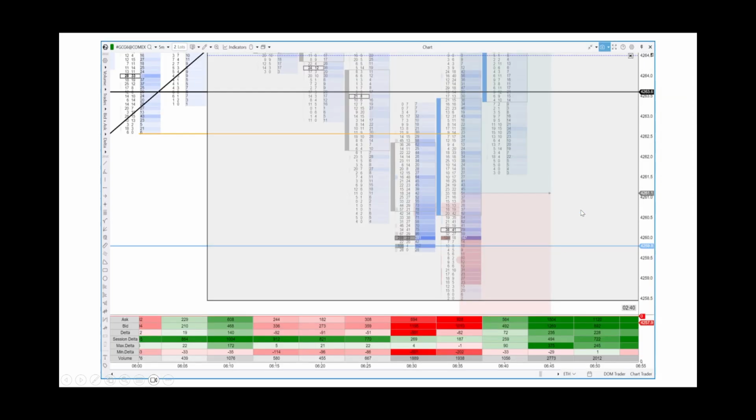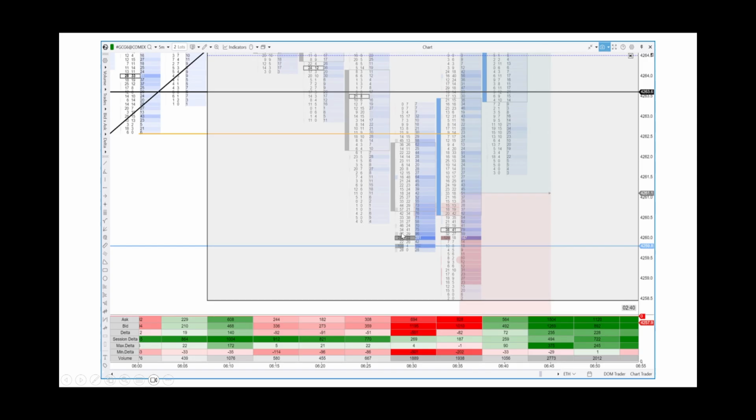Now let's zoom in and look at the actual cluster in the candlestick. What I have here is a bid and ask, and the total volume inside the candlestick. So let's look at the 6:30 a.m. candle. Right here, as you can see, on the bid we had 259 contracts and only 22 on the ask.